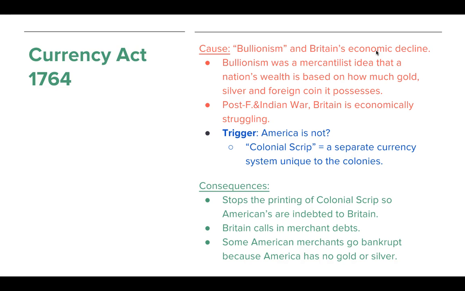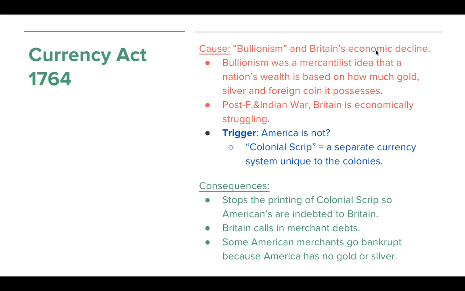Subsequently to this, Britain then calls in the debts that American merchants owe to Britain. And because America doesn't have much gold or silver, and they were relying on colonial scrip, which no longer exists, the American merchants just end up going bankrupt. Well, a lot of them do, not all of them, but a lot of them end up going bankrupt because they can't pay the debts back to Britain.